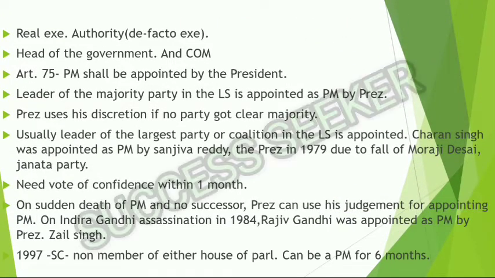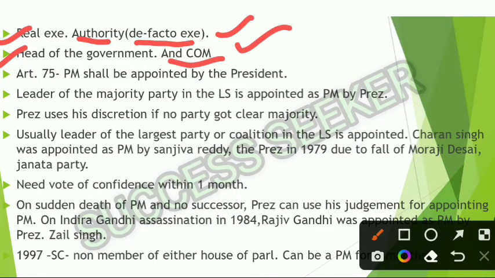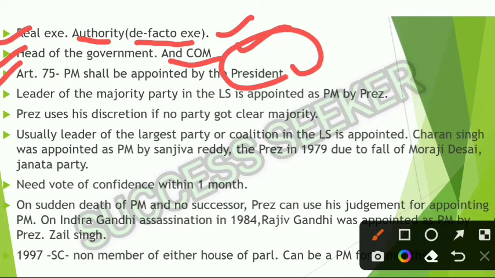Prime Minister is the real executive, the de facto executive. He is the head of the government and the council of ministers. According to Article 75 of the Indian Constitution, the Prime Minister shall be appointed by the President.